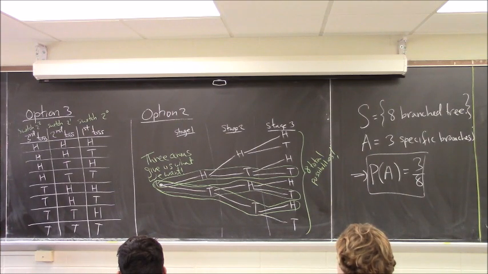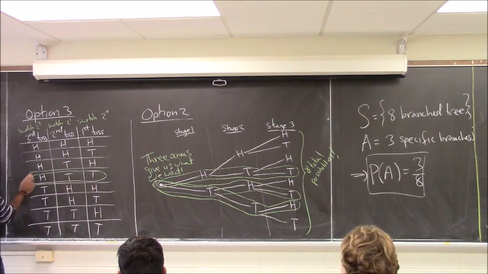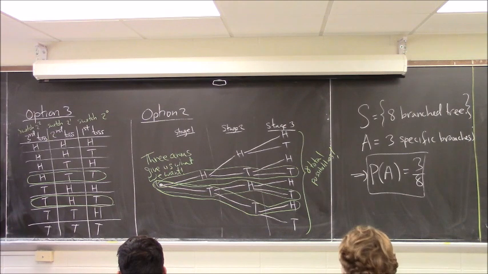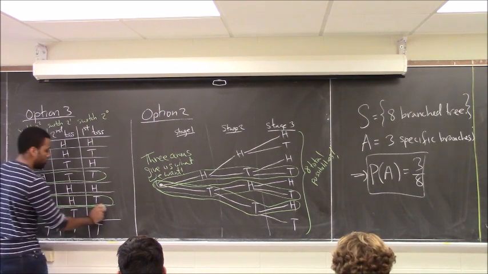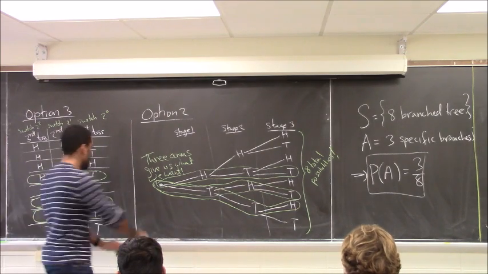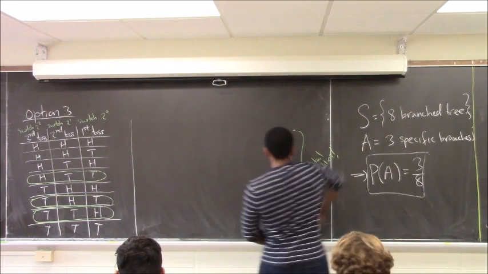How many rows actually have 1 H in that row? Well, there's going to be this one, this one, and there's going to be this one. So I have 3 rows in an 8-row table that will give me what I want. The probability is going to be 3 out of 8.